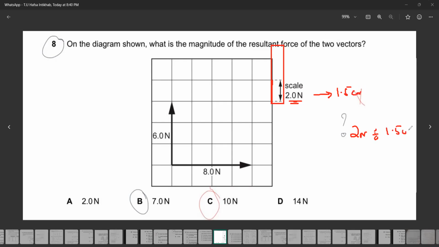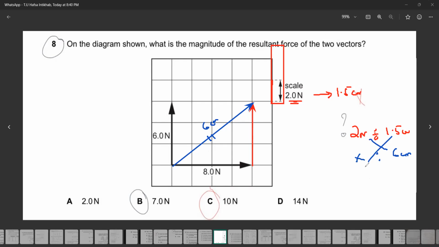Then after that, how to draw the resultant? This will be 6 Newton. So we get the resultant by drawing from the tail of the first to the head of the last, and then measure this length. Say for example this is 6 centimeters. So this 6 centimeters will be equal to X Newton.